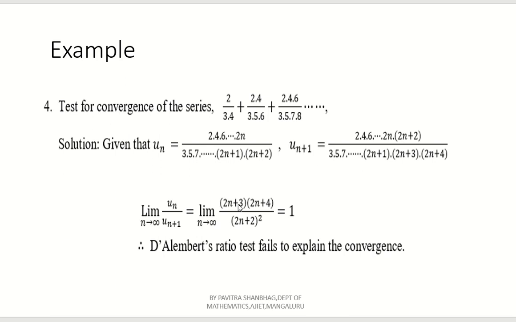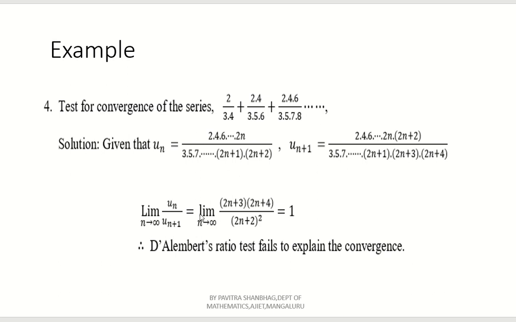So what remains here, if you take 2n outside, here 3 by 2n, and here also 4 by 2n. So what we will get finally at the end, take outside 4n square, plus 8n plus 4. So if you take 4n square outside, what remains here is the denominator, and this one if you simplify, you will get 1 by 1, that is 1 only, right?